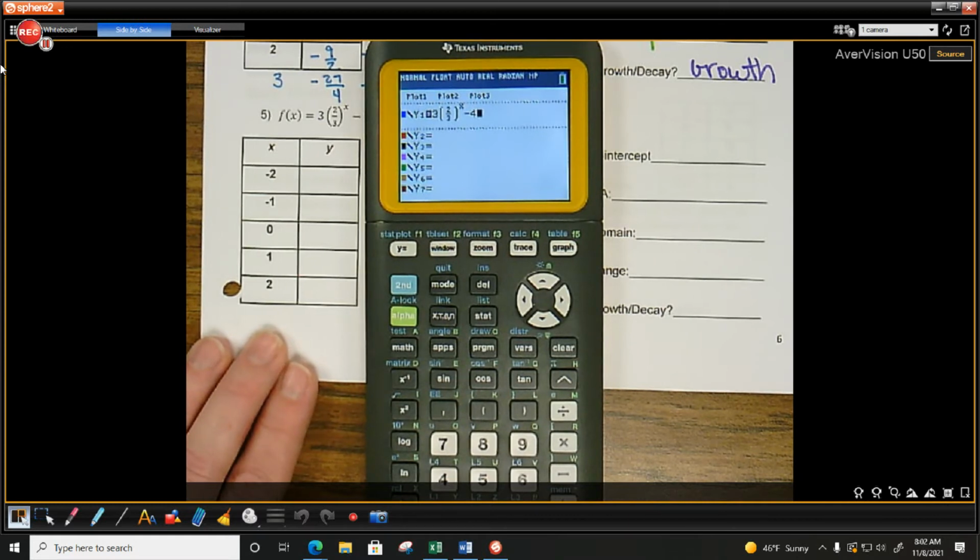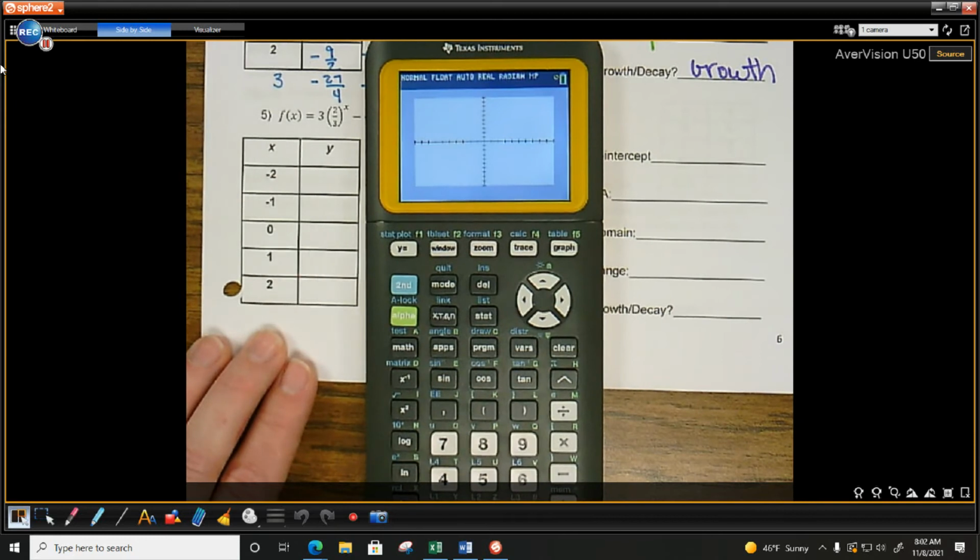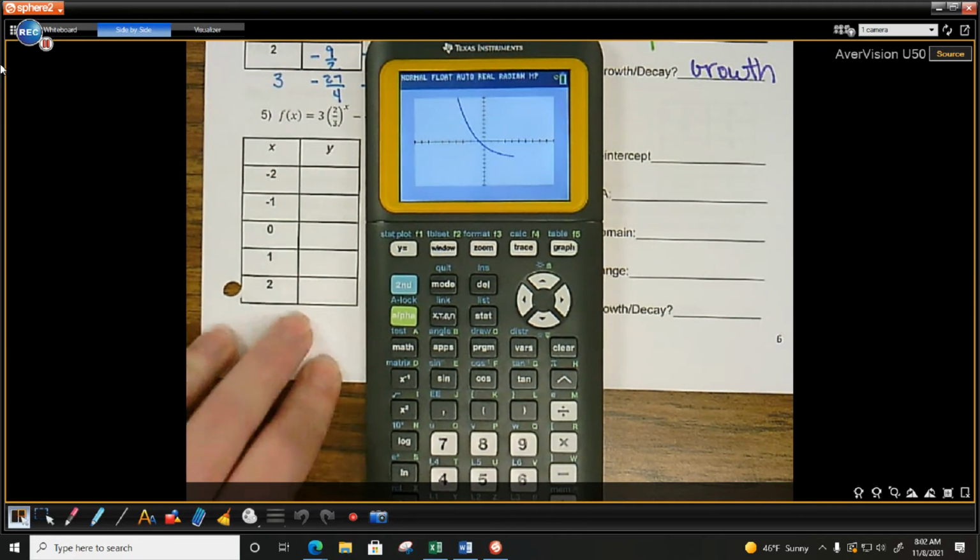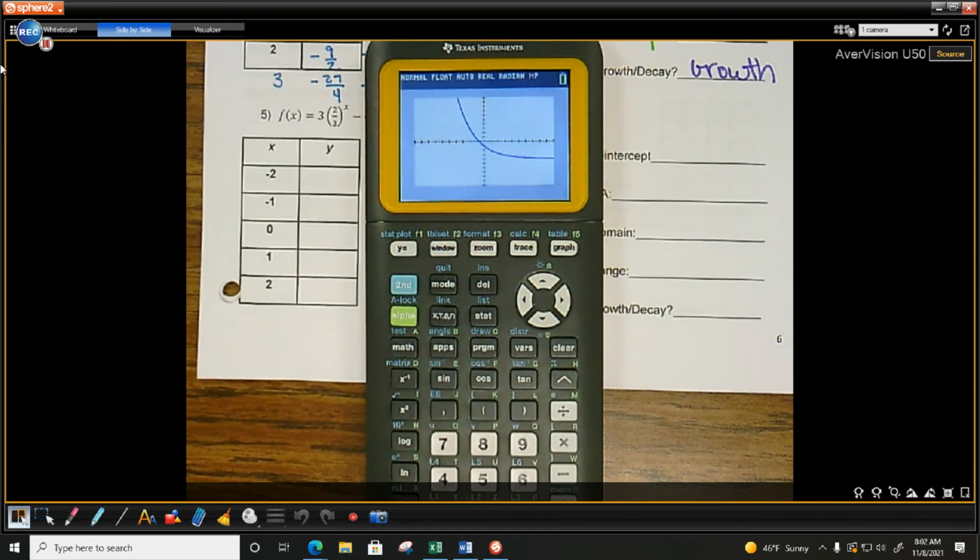Do we see how the x-axis is no longer my boundary line? Are we below the x-axis? Yeah, are we also above the x-axis? That's why the x-axis is no longer our boundary line. Okay? So let's go to our table.